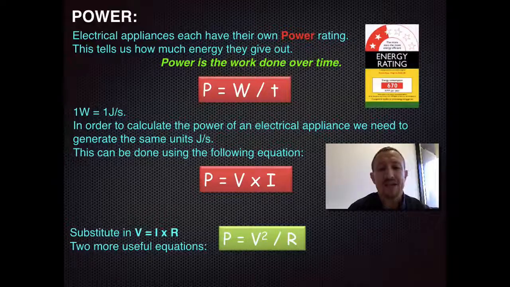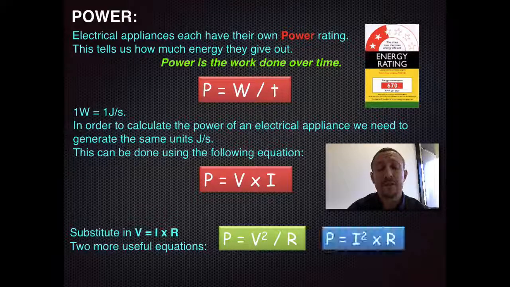In the first case I can substitute in for I, where I is V divided by R. So I get power would equal V times V divided by R, so put the V's together, so I get V squared over R. Or I can substitute in for V, where V equals IR, which would mean I've got I times R times I, so hence I get I squared times R. Now these are good other equations that I can utilize with my circuit, incorporating resistance, current, voltage and power. So be aware of those and make sure that you're clear.